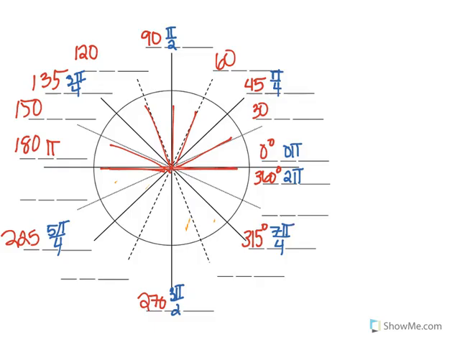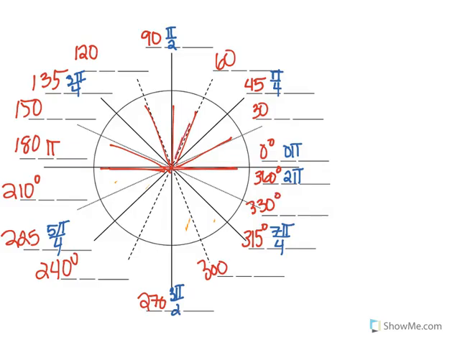I want you to pause the video and write the remaining numbers in. You should have got 210, 240, 270, 300, and 330.